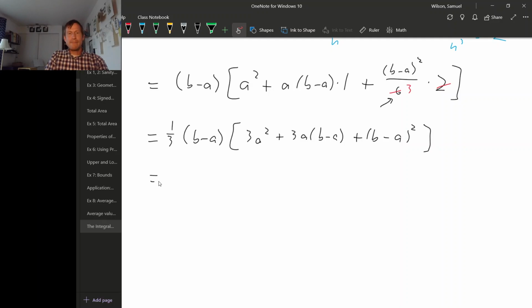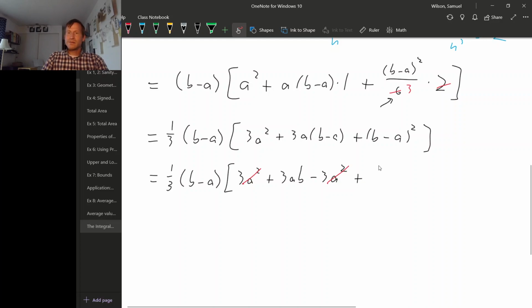Okay? And now it looks to me like maybe what we should do is multiply everything out in the brackets and simplify it. So 3a squared plus 3ab minus 3a squared. That's nice. This stuff cancels. Plus, and then multiplying out this piece, we get b squared minus 2ab plus a squared.